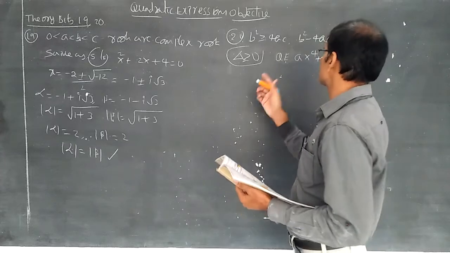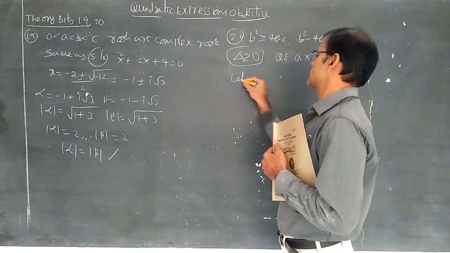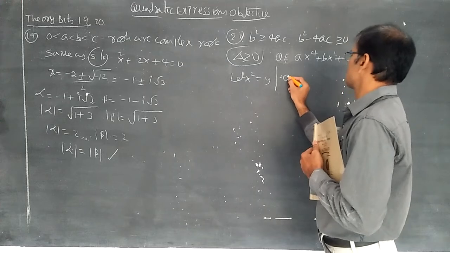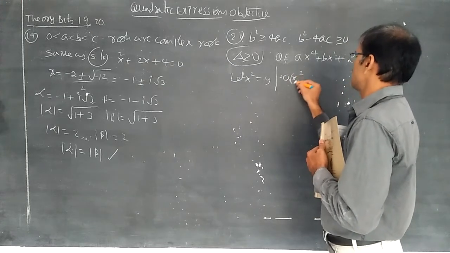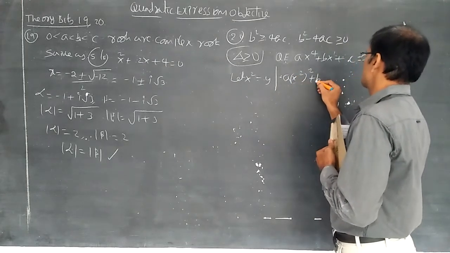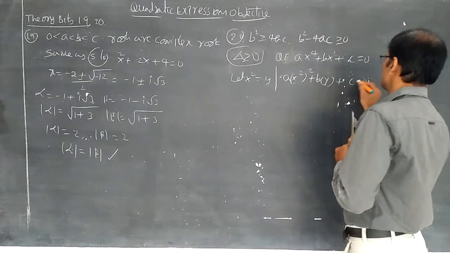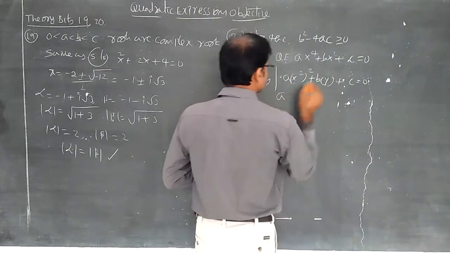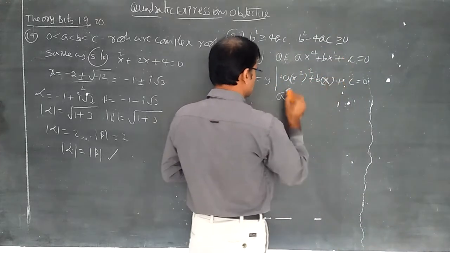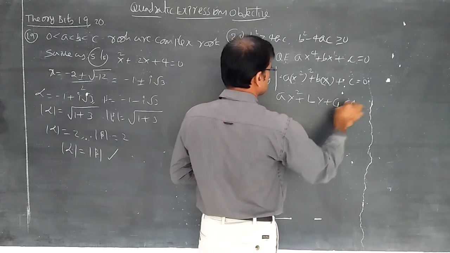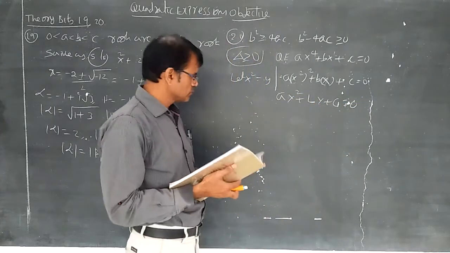We have two roots. You can write x square is equal to y. You write here a into x square whole square plus b into y plus c equal to 0. You can understand here a y square plus b y plus c is equal to 0.